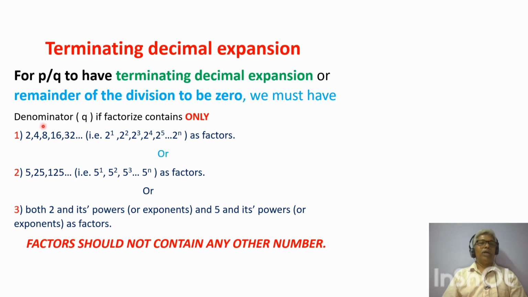The conditions are that the denominator q, if factorized, contains only 2, 4, 8, 16, 32, etc., that is 2 raised to 1, 2 raised to 2, 2 raised to 3, 2 raised to 4, up to 2 raised to n as factors, or 5, 25, 125, that is 5 raised to 1, 5 raised to 2, 5 raised to 3, or 5 raised to n as factors, or both powers of 2 and powers of 5.